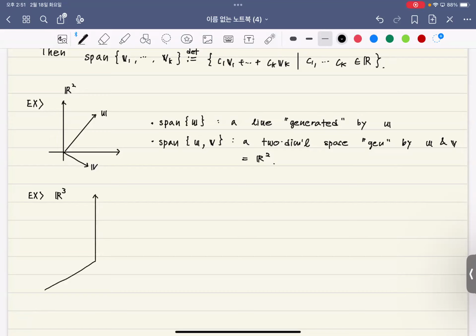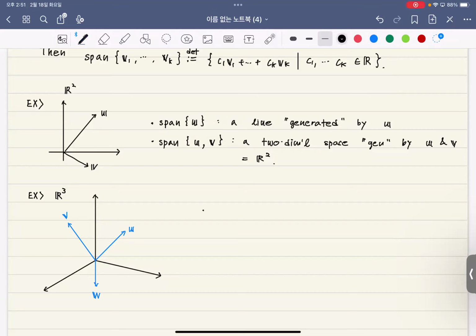Well, let me increase my dimension by 1. My picture is not that great, but this is my u, this is my v, and say this is my w. I have these 3 vectors.